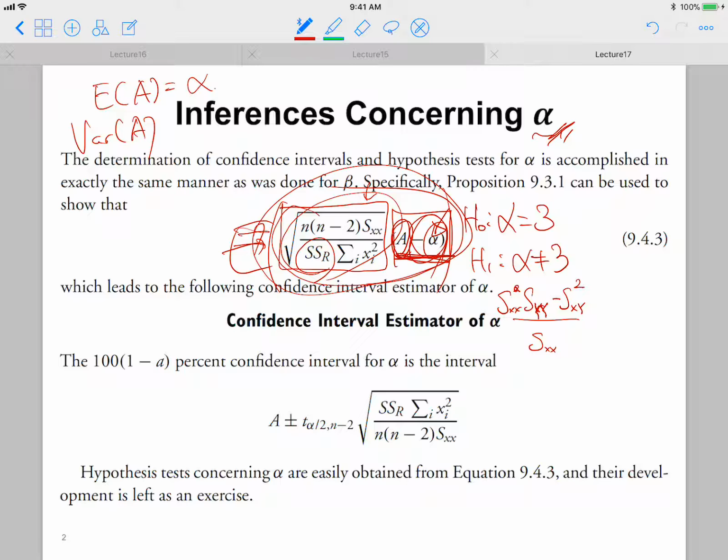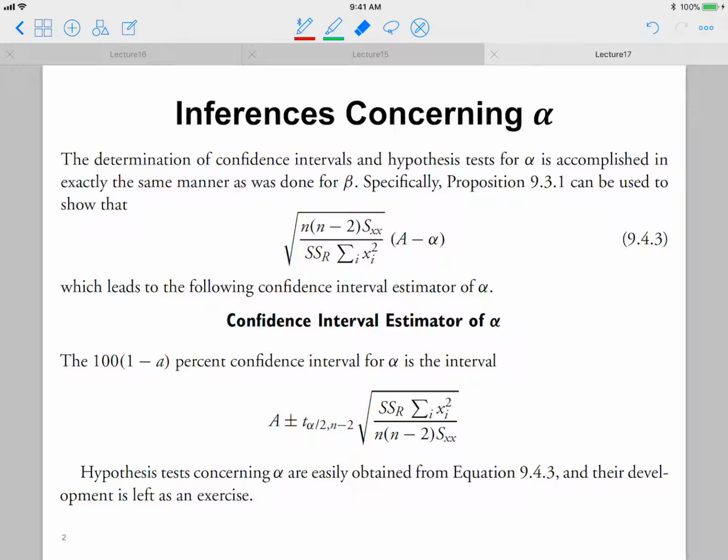So you can now understand that this measure is Gaussian, and then we can do some testing, and also compute a confidence interval in order to obtain the interval estimate of our alpha value.